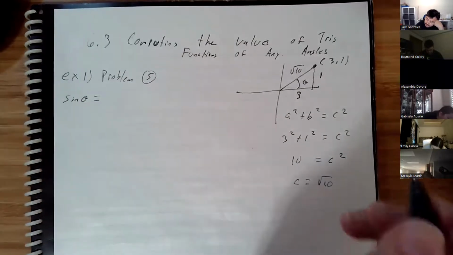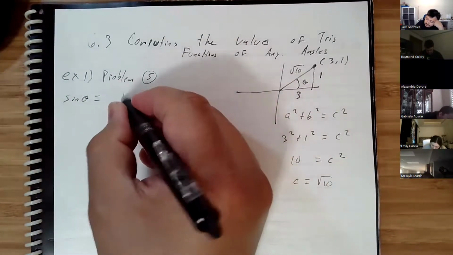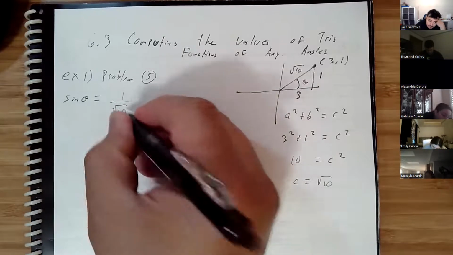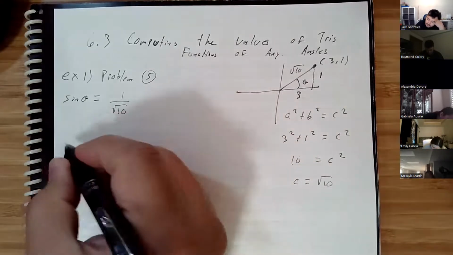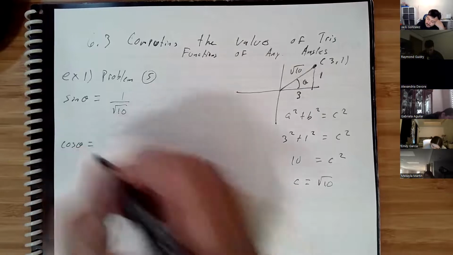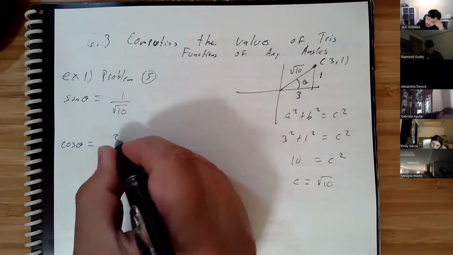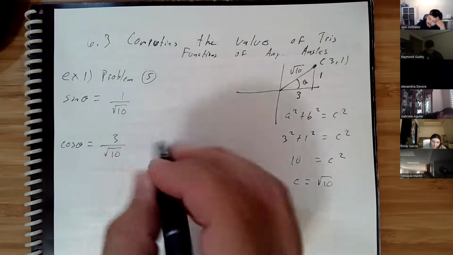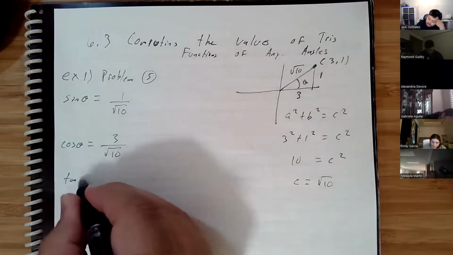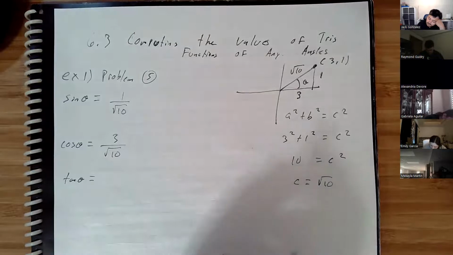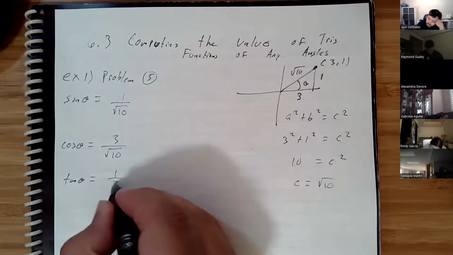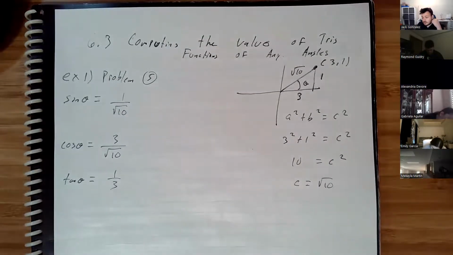So sine of theta is opposite over hypotenuse. Cosine theta is adjacent over hypotenuse. Tangent is opposite over adjacent. And then the other 3 are just reciprocals, right?